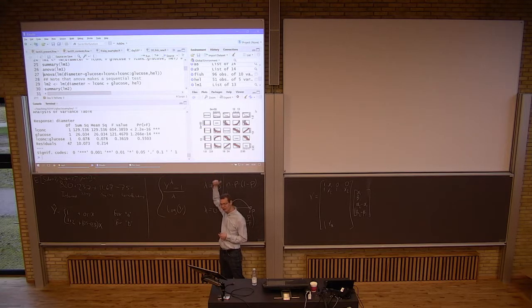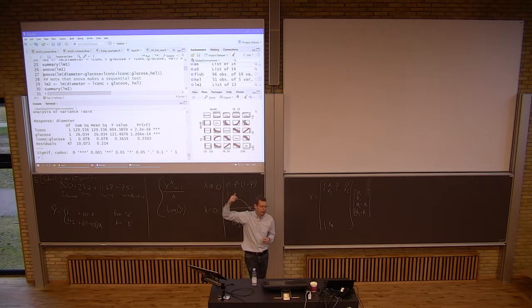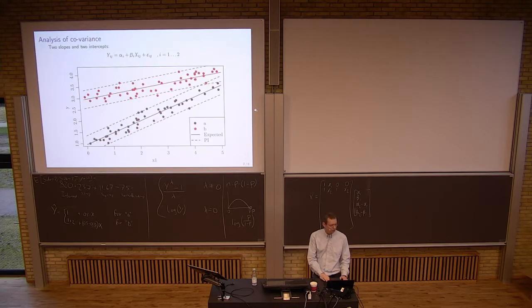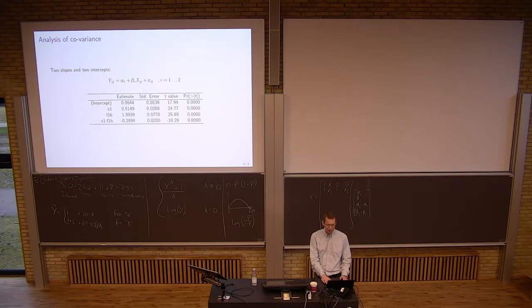What is that factor explaining? In this model, it's exactly the same structure as what we had here. We have a combination of a factor and a continuous variable with all interactions. That is the model that we have here.